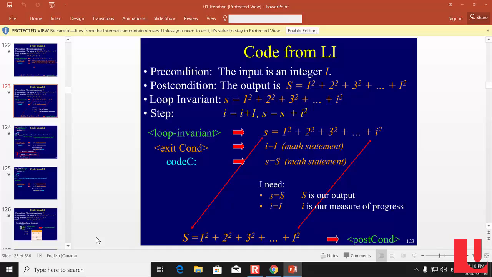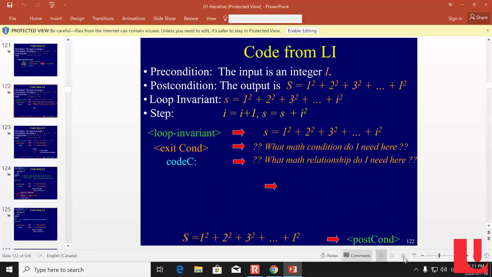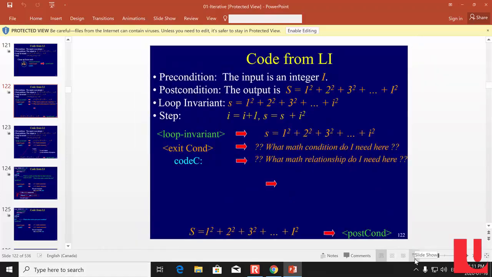His question, well, let me tell you what I did here, right? I was trying to say I don't know the code yet. I don't know the exit condition yet, right? So I'm trying to fill things in here. Let's go back even further. Right here, I don't know them.